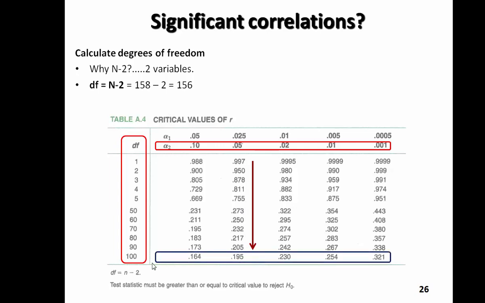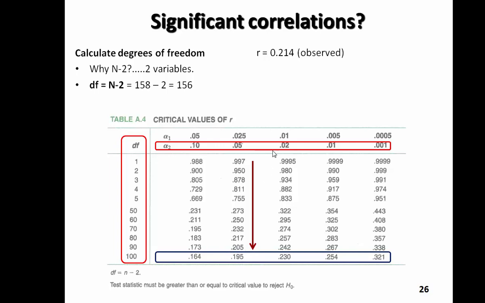And because the table is limited at 100, we see a critical value of 0.195. So this is the value we want to zero in on. And now what do we do with this value?